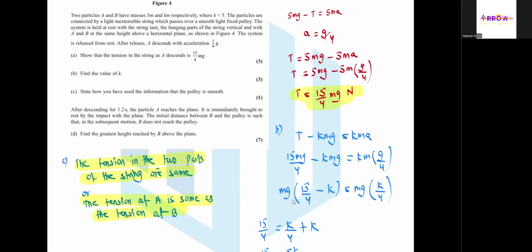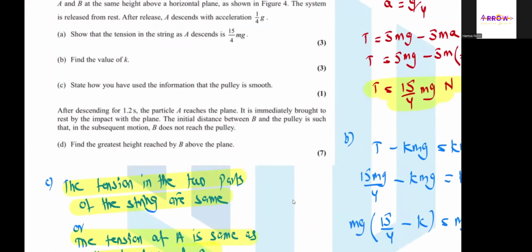After this, we have part D. Before part D, we have some information that after descending for 1.2 seconds, particle A reaches the plane. It is immediately brought to rest by the impact with the plane. The initial distance between B and the pulley is such that in the subsequent motion, B does not reach the pulley.